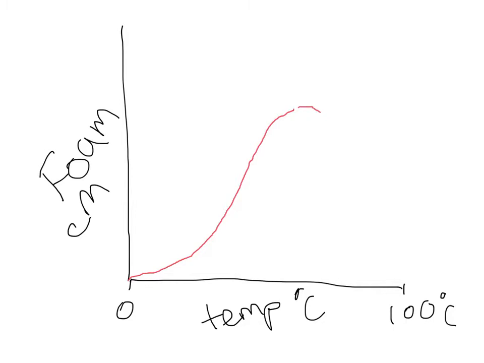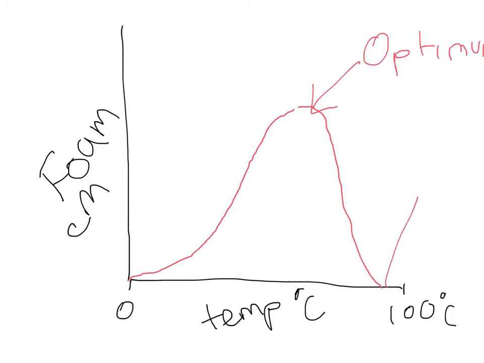Now denaturing stops any reactions happening, so as it gets too hot we notice the reaction gets less and less until it drops down to nothing. So that's why it drops down. This is known as the optimum temperature. I'm not going to have enough space, but optimum temperature. And by the time it's got to here, it's completely denatured.